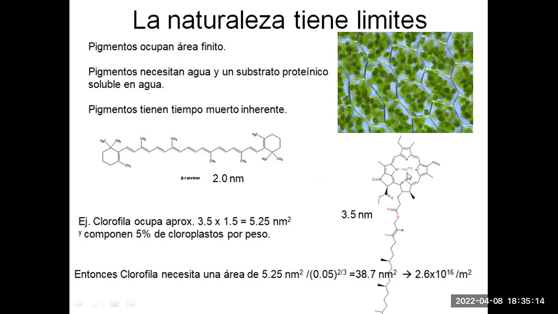Because we cannot pile one on top of the other and expect them to absorb similarly, we can say that the maximum areal density of chlorophyll, given its finite size and these calculations, would be about 2.6 times 10 to the 16 per square meter.